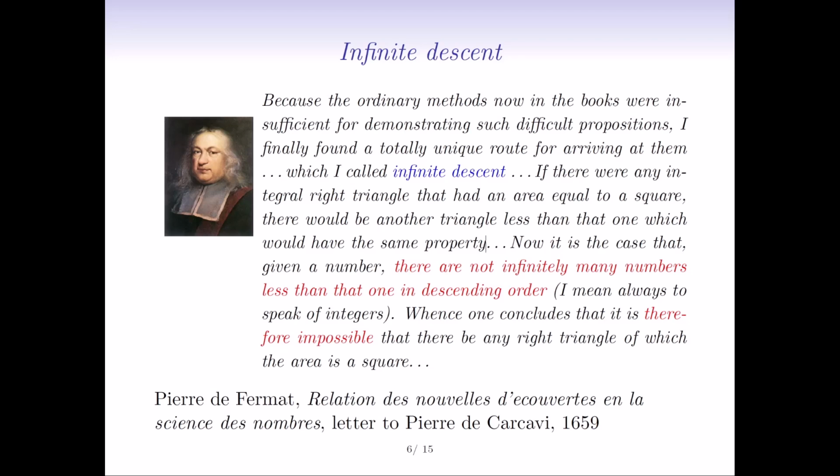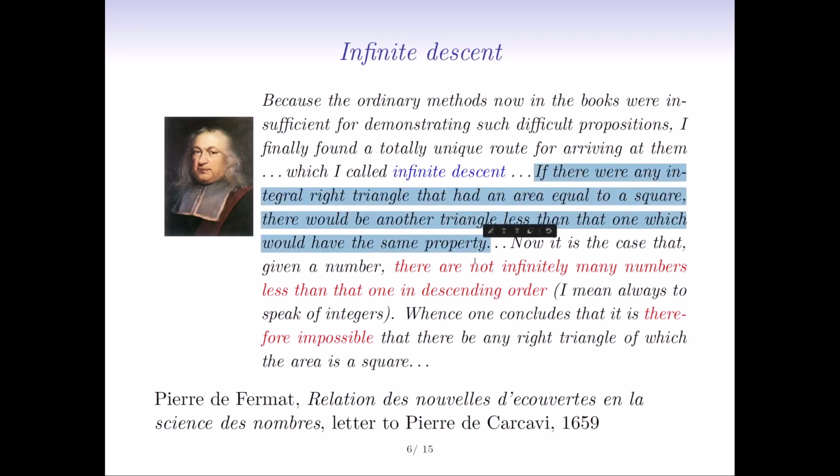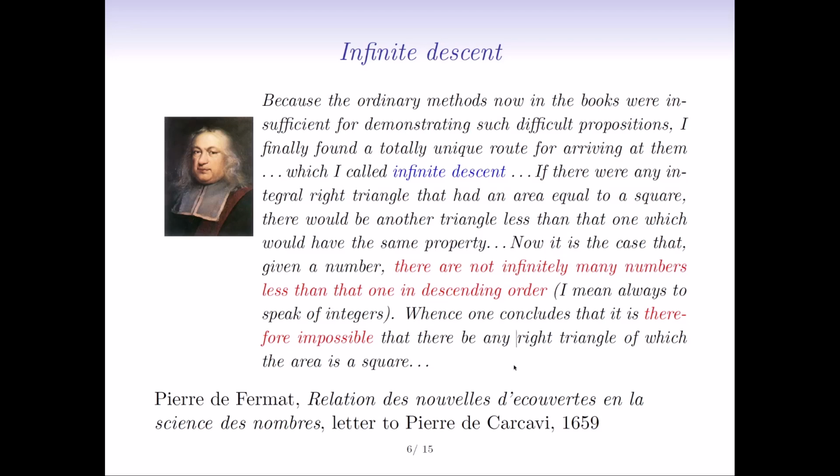Now, just in the same way that you cannot decrease a natural number infinitely often, you also cannot write down infinitely many triangles starting from some initial one with natural number length sides. So you cannot make those triangles smaller and smaller forever, but this implication says that you can. So the only possible conclusion is that the assumption of the original triangle, the first one, that had a square area, must be false.